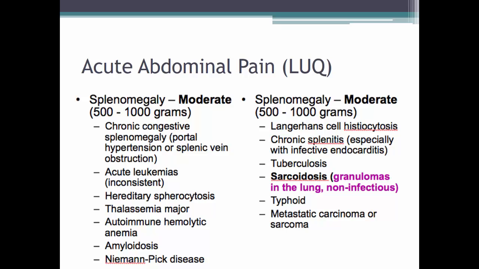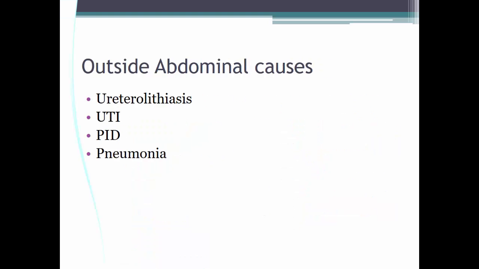And this happens due to portal hypertension. It could happen due to leukemias and lymphomas, any type of hemolytic anemias, such as thalassemias, sickle cell, amyloidosis, for example, as well, tuberculosis, sarcoidosis, and even metastatic carcinoma.